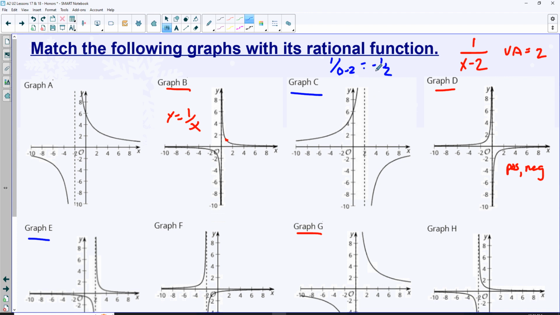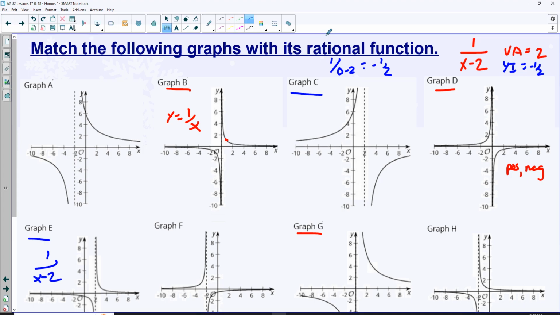So the y-intercept is equal to negative 1 half. Which one of these graphs, C or E, has an intercept of negative 1 half? Graph E. Okay. Making a little more sense, hopefully.